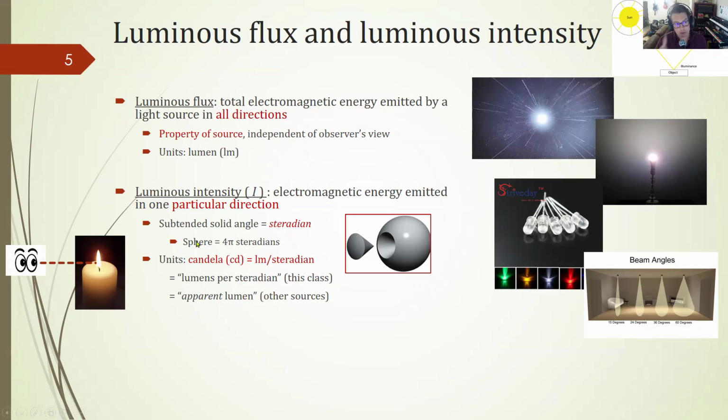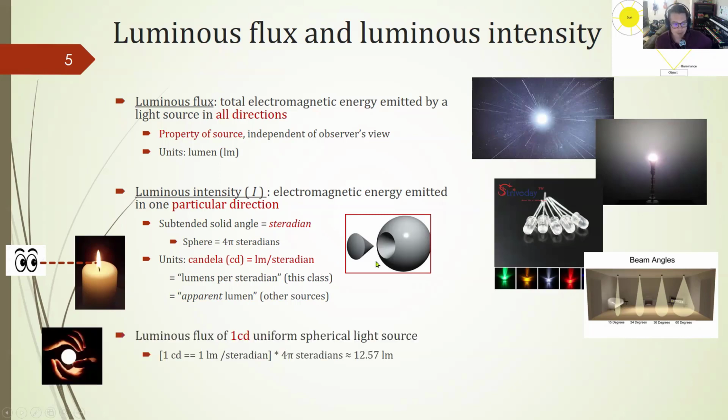They say we're going to call that one candela, or one candle power, you may also hear. But a candela is mathematically equivalent to a lumen, a single lumen, at a given direction, steradian. Okay, all right, so now I mentioned already there's this conversion factor of 4 pi.